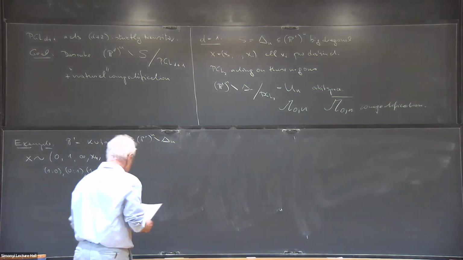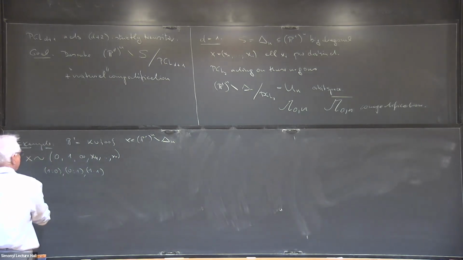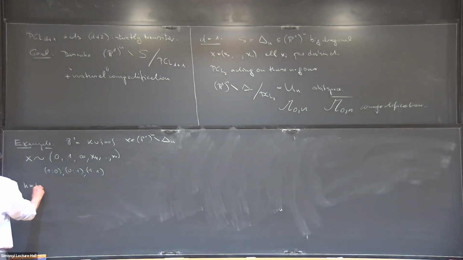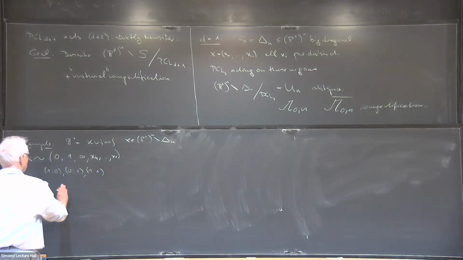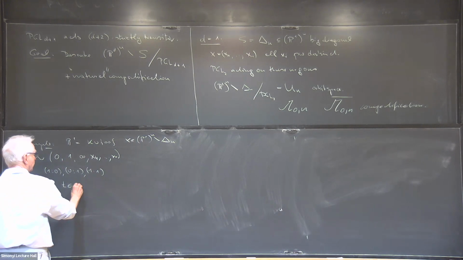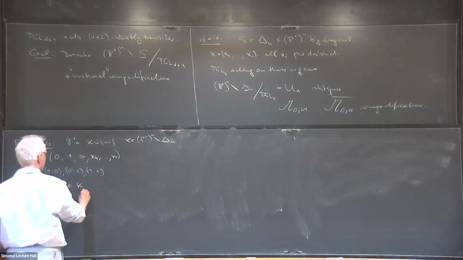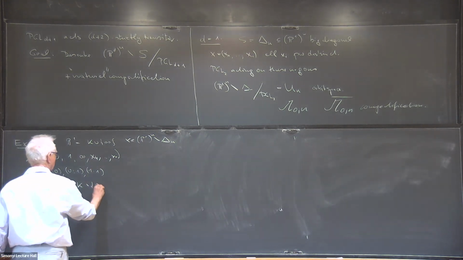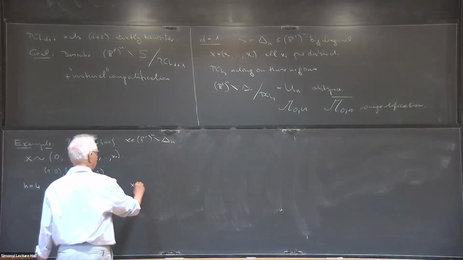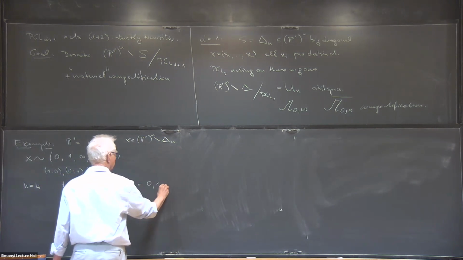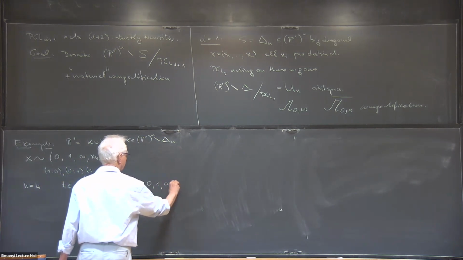Okay. So now let's take n equals 4. And let's see what we could understand by limit of such an n-gon. So we have, let's say, t in k minus 0, 1. I exclude these, and we take x equal 0, 1, infinity, and t.